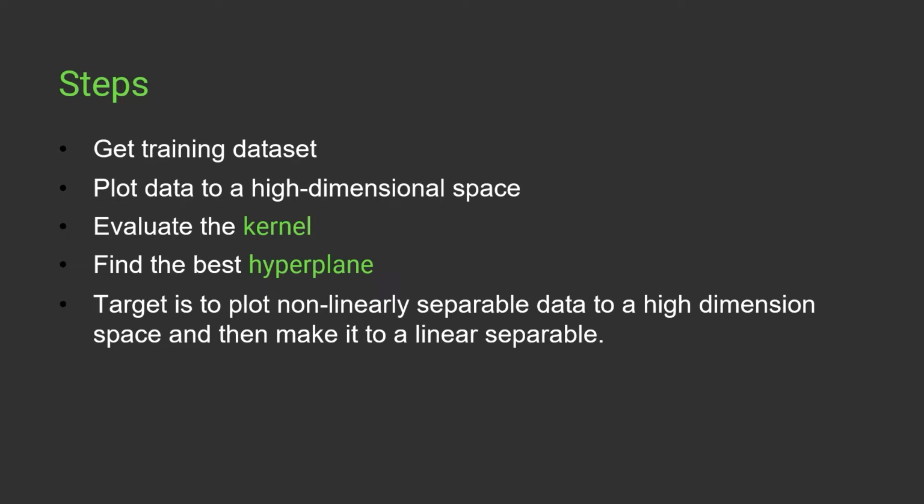I'll explain all these things. The understanding of kernel and hyperplane is very important when we are talking about support vector machine, and in the coming lectures I'll explain in detail how a kernel is useful and what a hyperplane is. So don't worry about it, just go with the flow and understand what I'm saying.